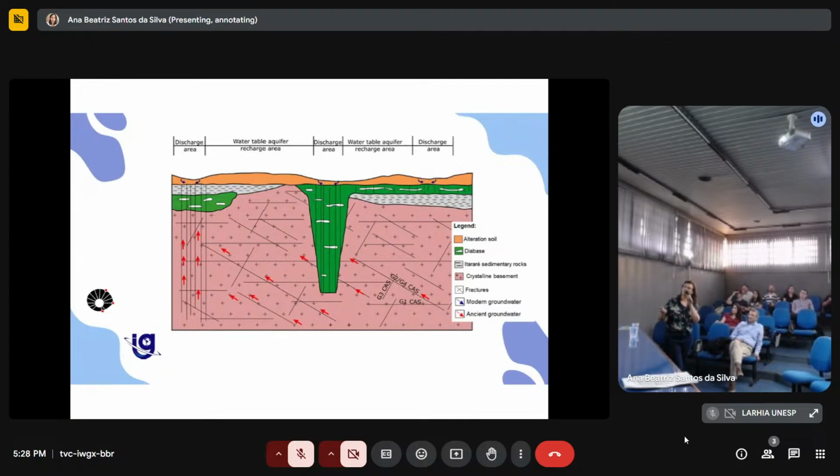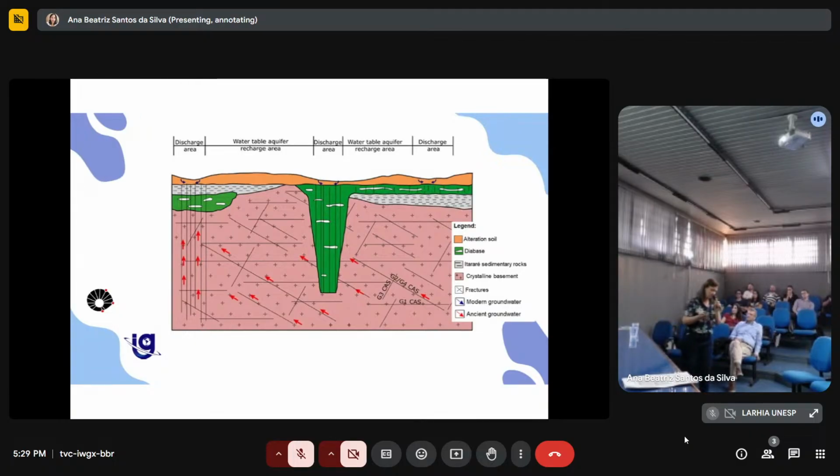And here in gray you have the Tubarão aquifer, which was probably a local phreatic aquifer too. And here in the crystalline rocks, we had a confined or semi-confined aquifer with upward flux, and it was delivering older water. And this area was probably already a discharge area of this old water.